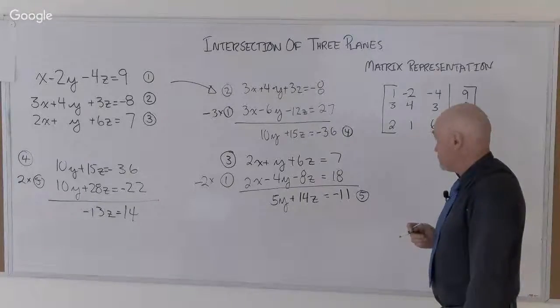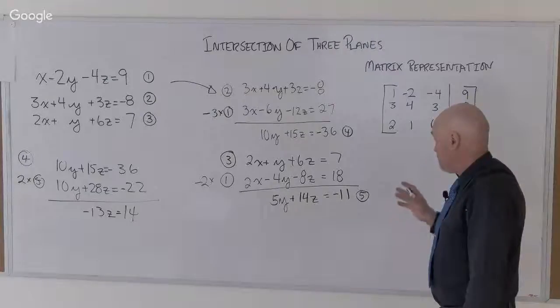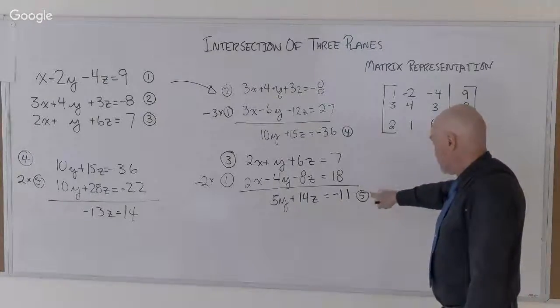Two times equation 1. 2 minus 4y minus 8z. That looks right. Subtract.